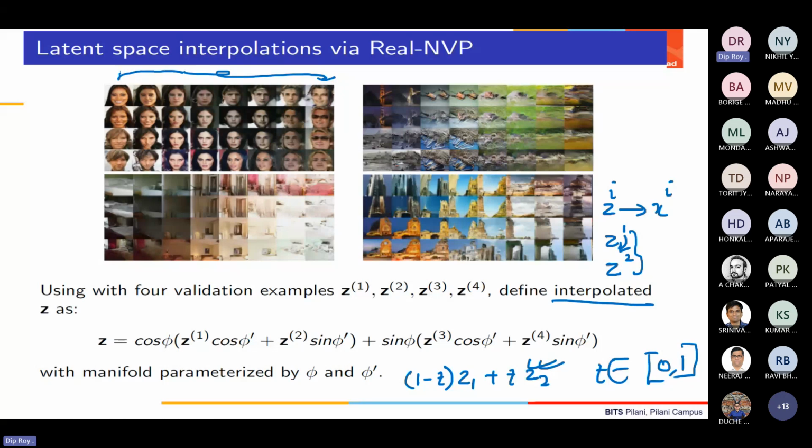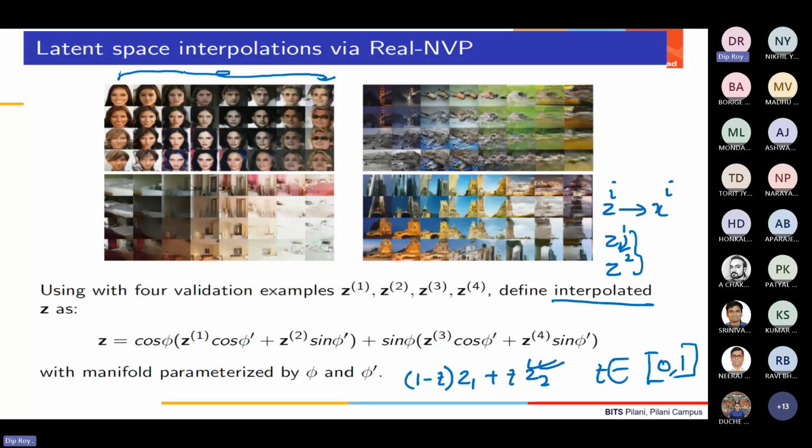It comes during inference, because we are trying to see how my model has trained and whether it is able to interpolate the images properly. So it tests whether the latent space is smooth and meaningful. Do small changes in Z create semantic changes in X? That's what we are trying to do.